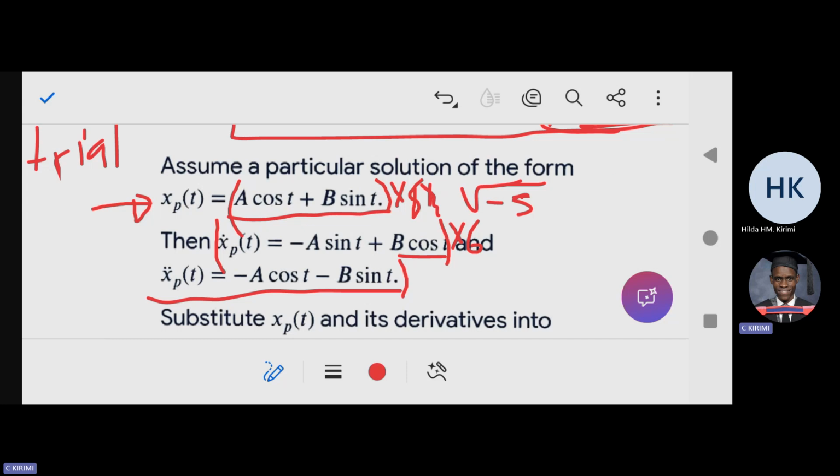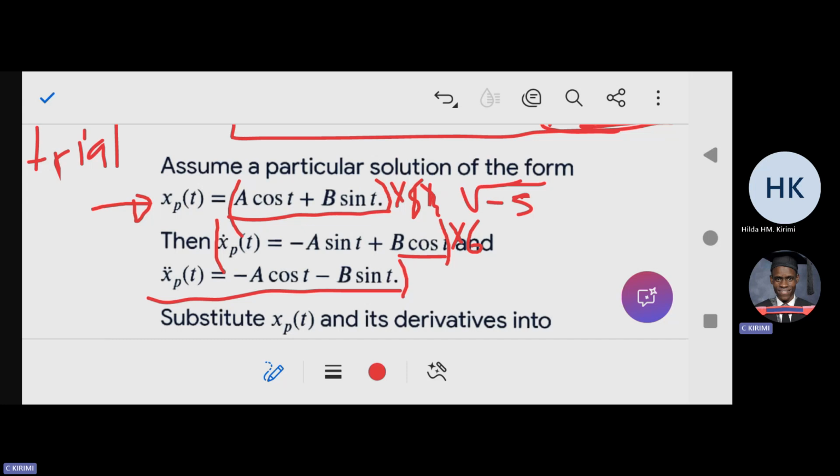So when you multiply by 8, that means 8a cos t plus 8b sine t. Then on this side we are getting minus a sine t minus 6a sine t plus 6b cos t.